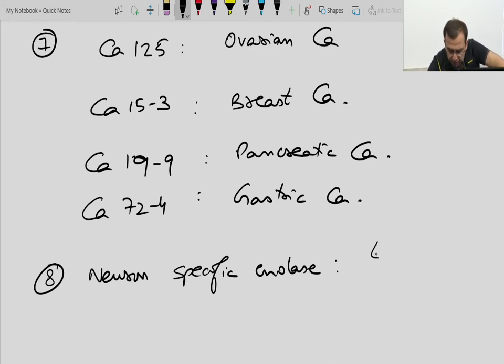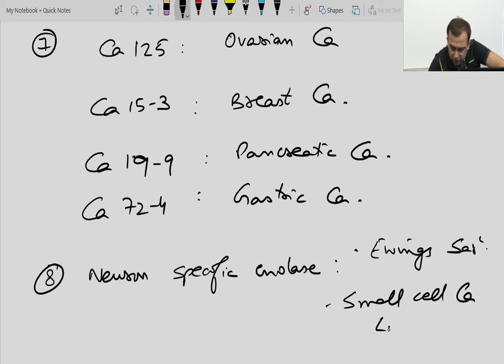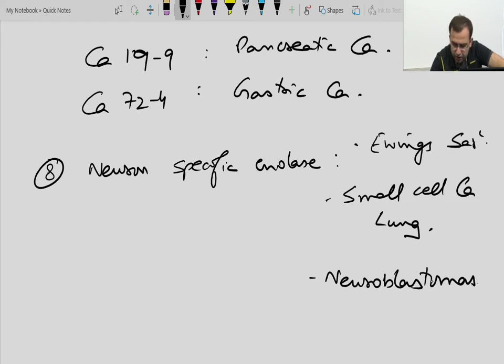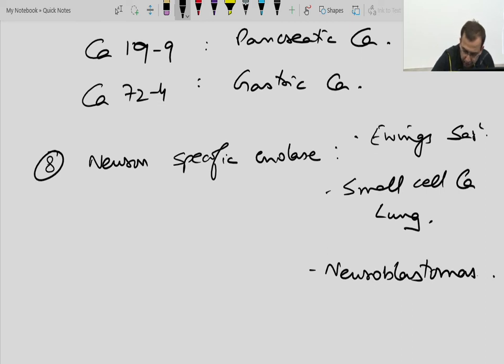It is again positive in Ewing sarcoma, small cell carcinoma lung, and neuroblastomas. Done. This is question 36. So MIC2, it is with Ewing's sarcoma.